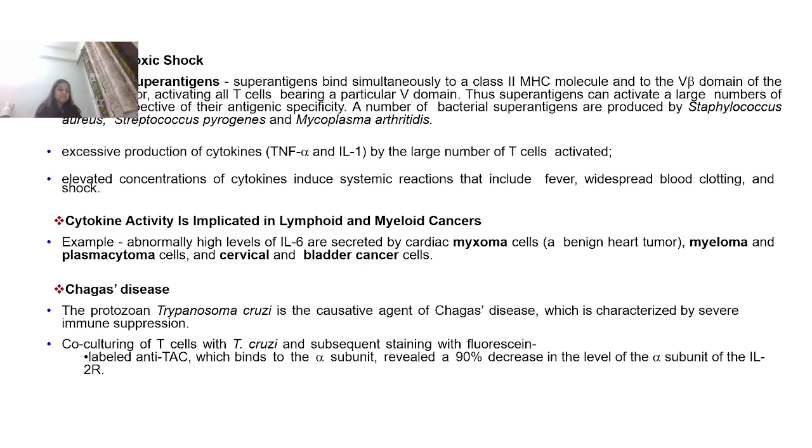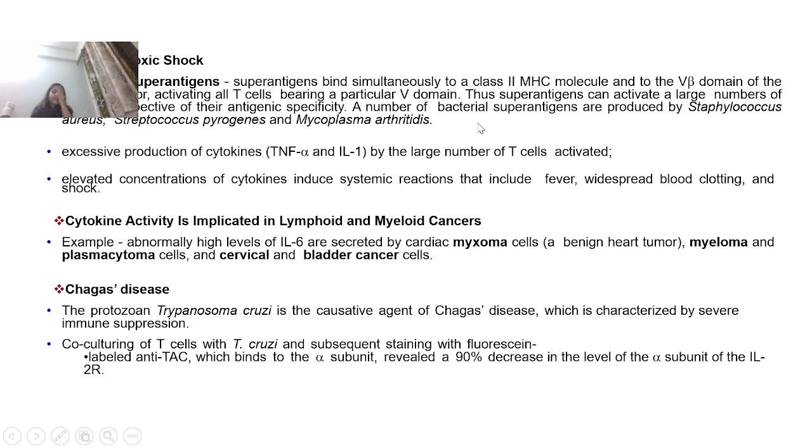They have a high ability to induce the immune system, and they majorly bind to the MHC molecule and to the TCR, thus activating them. The antigens can activate a large number of T cells irrespective of their antigenic specificity.